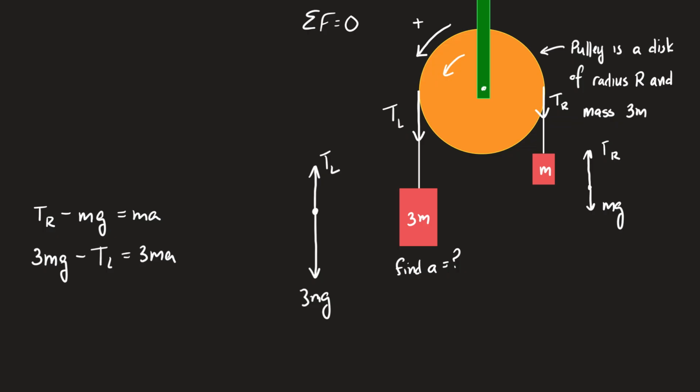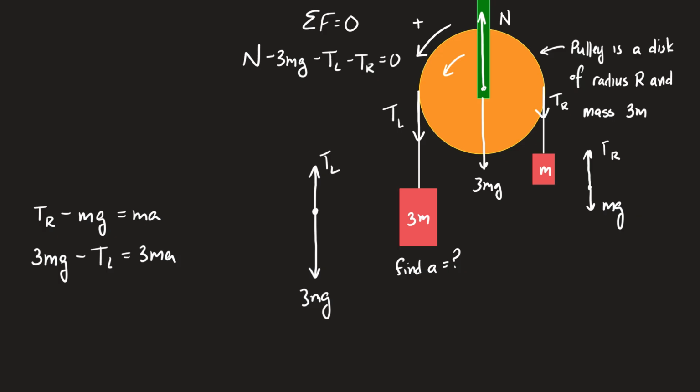There's an upwards normal force acting on the pulley from the mount. There's the pulley's own weight, 3mg, acting downwards at its center of mass. And then there are two tensions acting downwards. And they all equal 0. Don't throw that away. It's important that you look at this.